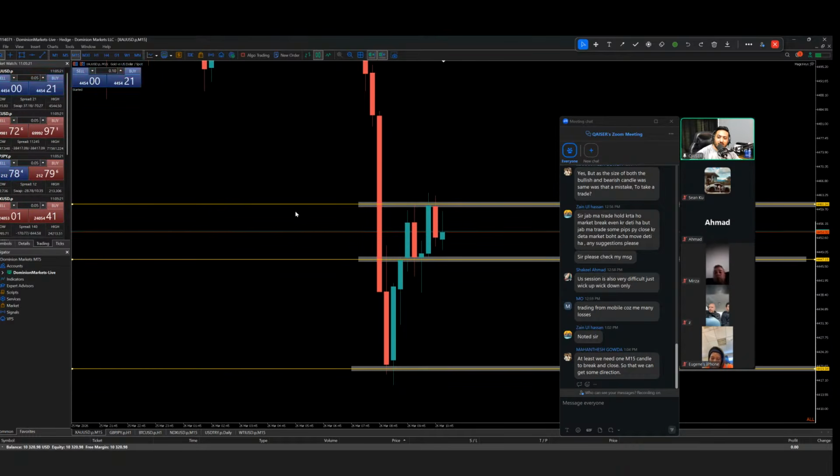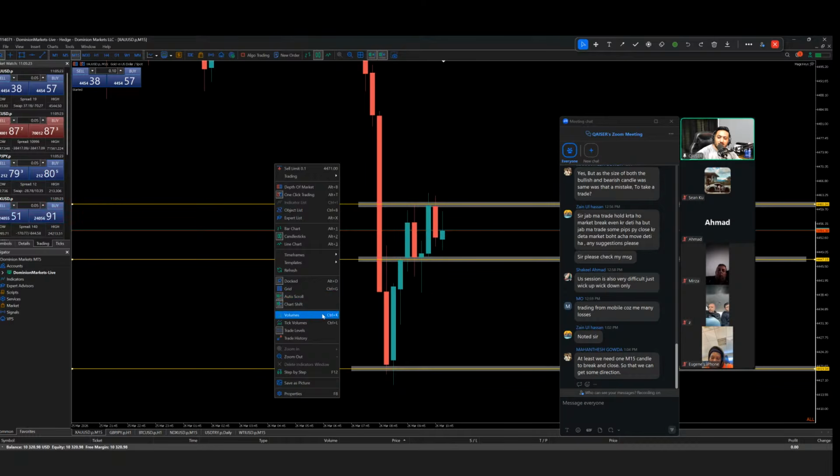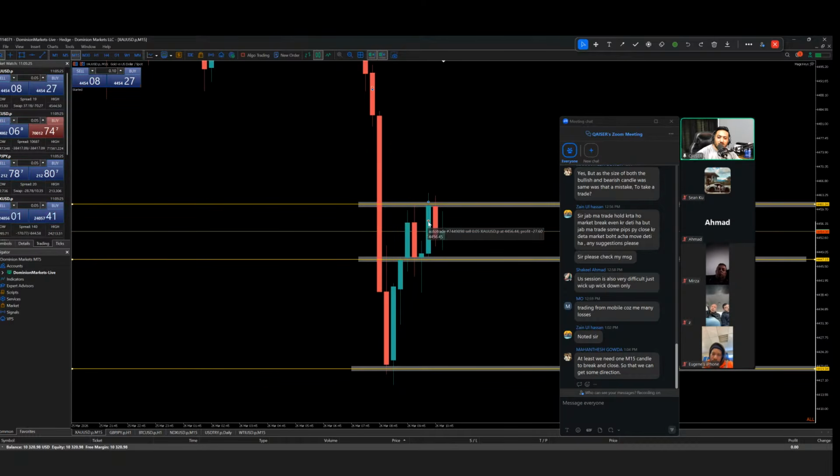I already gave my trade one chance. See this one? I gave my trade one chance, and then I decided that, the way it reacted, I should wait for the 30-minute candle to close. The way it reacted, it should not actually have reacted like that. Why didn't I give my trade a second chance?